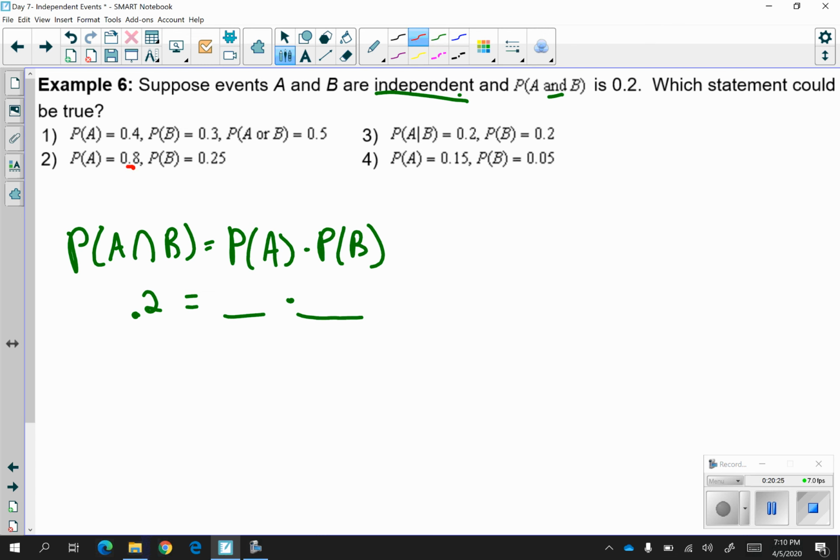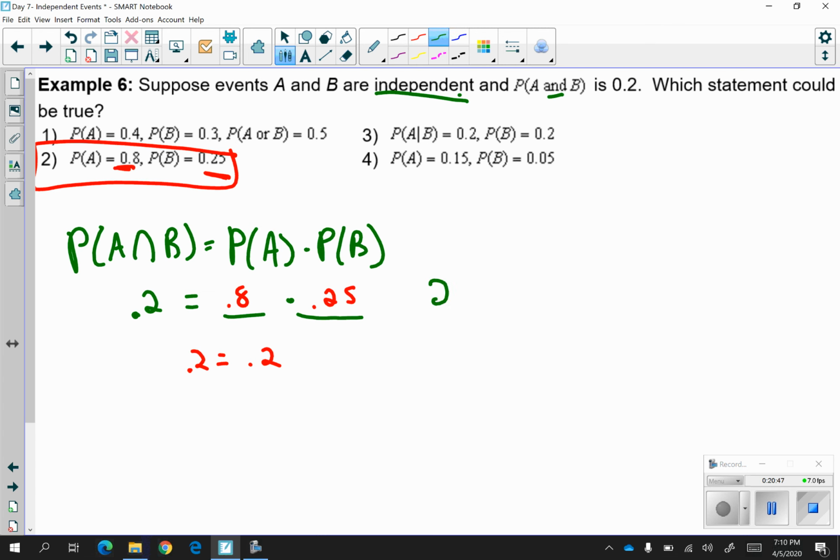So in the first one, 0.8 and 0.25. If I multiply those two values together, I get 0.2. So it works, and it has to be choice 2. Let's look at what would happen if you chose the other one.